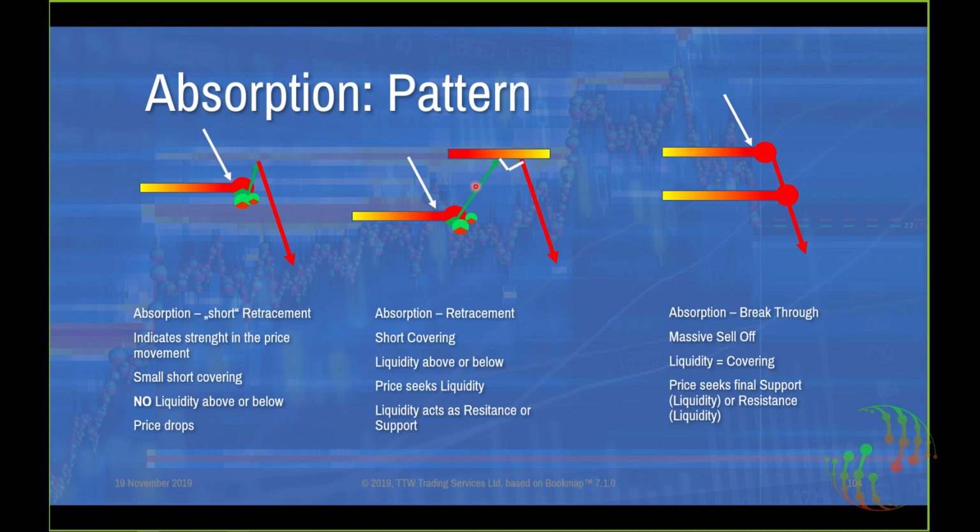If they cover the shorts, the market price is going up, and suddenly you will recognize that liquidity is forming above. Either liquidity was there, or when the market starts to cover the shorts here, then liquidity comes up. And that's a wonderful pullback area and good opportunity to re-short the position.